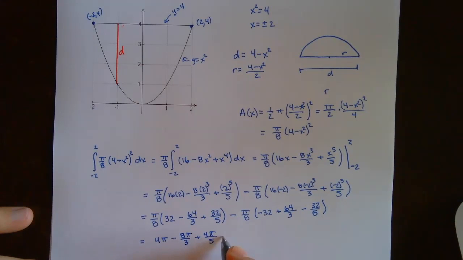When I multiply these, this is going to be positive, so plus 4 pi, and this would be negative, minus 8 pi over 3, and then plus 4 pi over 5. Some of these you can combine. The 4 pi and the 4 pi make 8 pi. -8 pi, -8 pi makes -16 pi over 3. And 4 pi over 5 plus 4 pi over 5 would be 8 pi over 5.